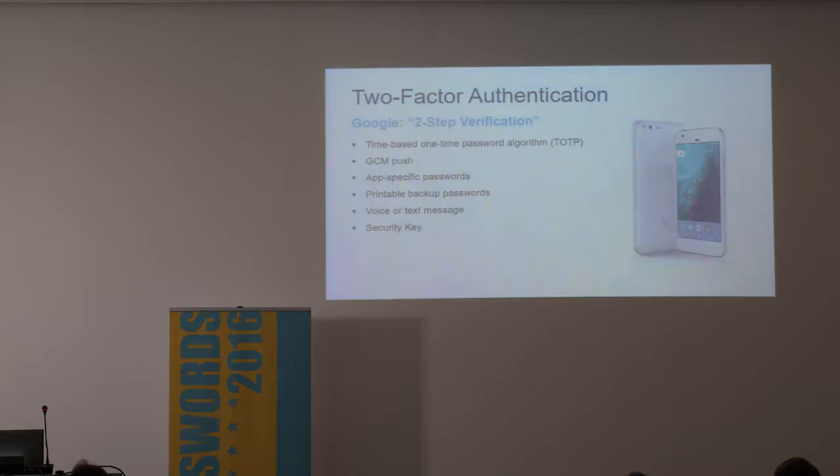So, initially, when Google started protecting your Google ID with a secondary authentication factor, they only used TOTP, the time-based one-time password algorithm. This scheme is probably well known to all of you. Basically, a trusted device is initialized with a seed, and in Google's case, it's just a single seed to initialize all devices.